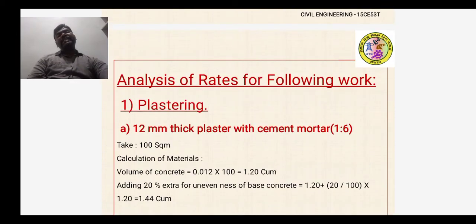Rate analysis for the following work. First one is plastering. Here for plastering, we take 12 mm thick plaster with cement mortar 1:6. Take 100 square meter. Calculation of materials.